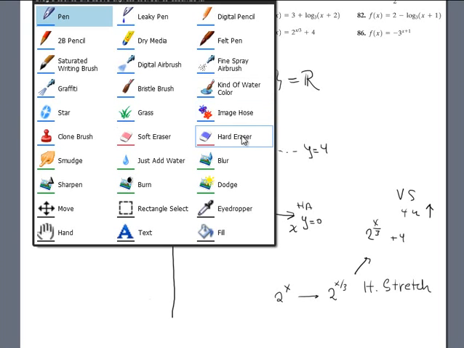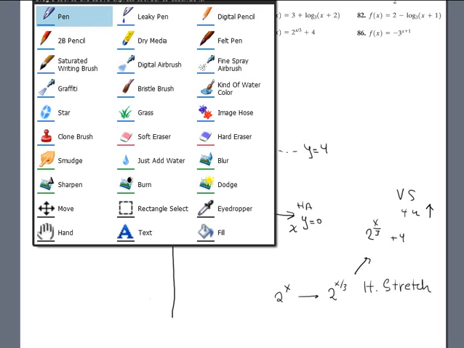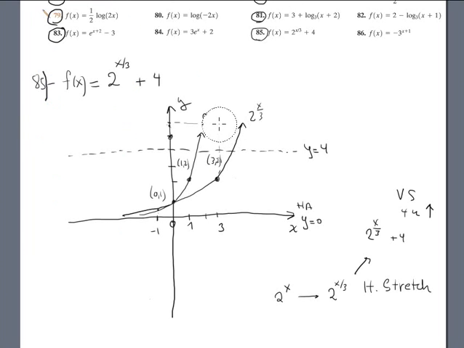Let me erase this part. Okay, now this point is 4 here, and this is 6 here. So our exponential looks like that.